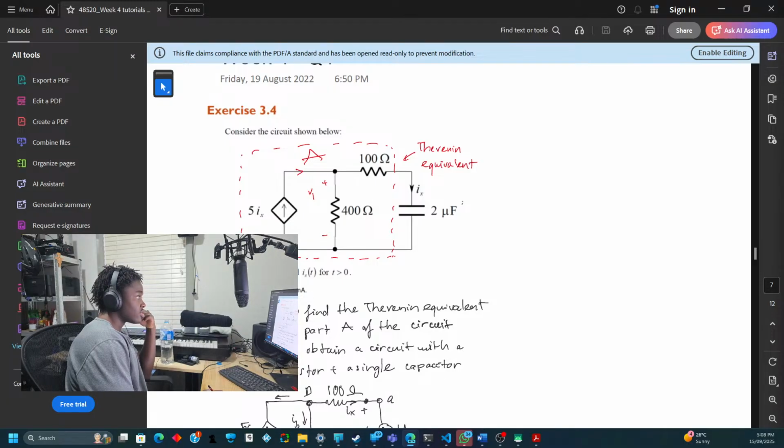Ix is equal to V. I mean it's equal to A divided by 400 plus A minus B divided by 100, right?